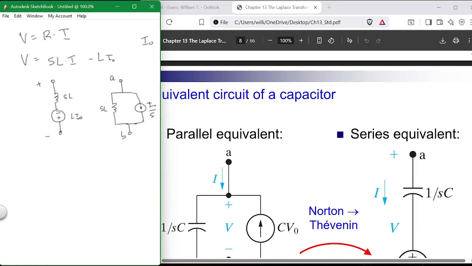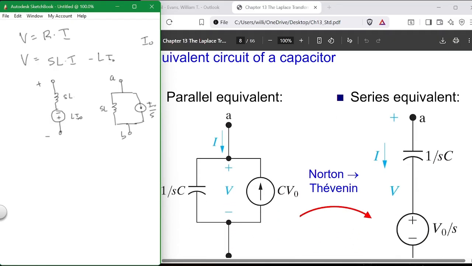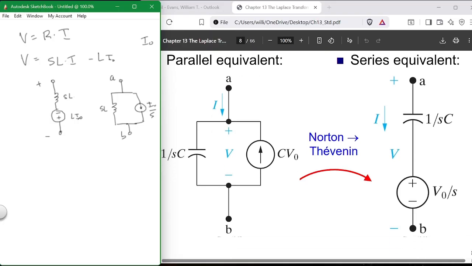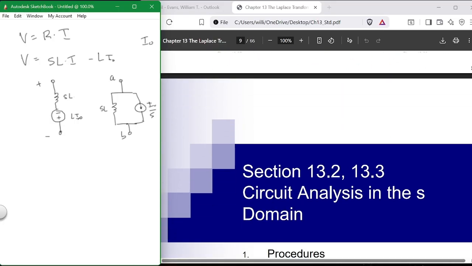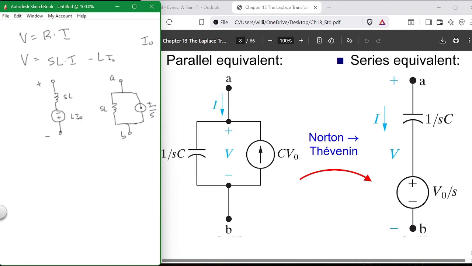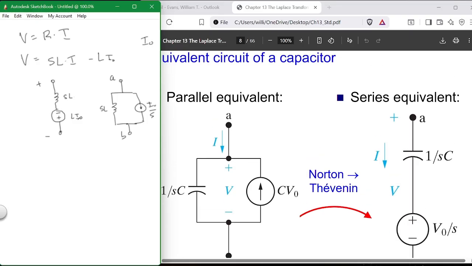Now the equivalent for a capacitor is this.